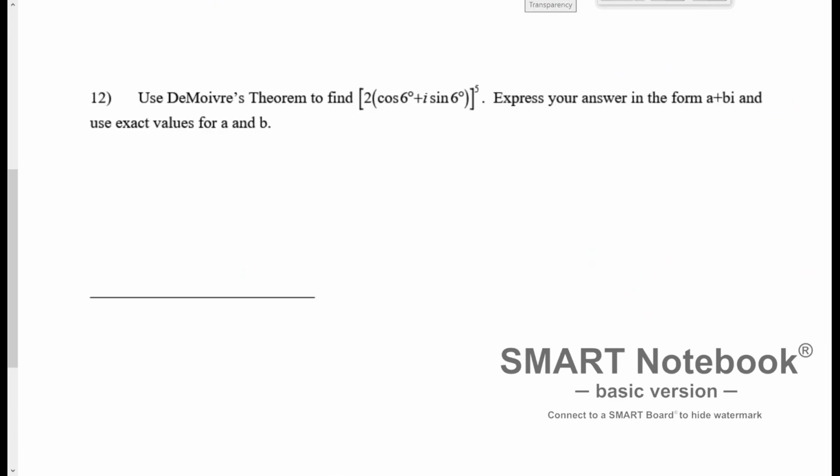Then de Moivre's theorem for going backwards. Here, when we're going backwards, really we're taking this to the 5th, so that'd be 2 to the 5th times this in parentheses to the 5th, which is de Moivre's theorem.